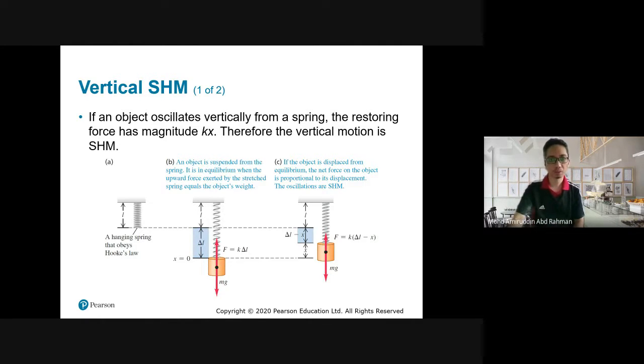But actually there will be a damping effect over here, due to the gravity.